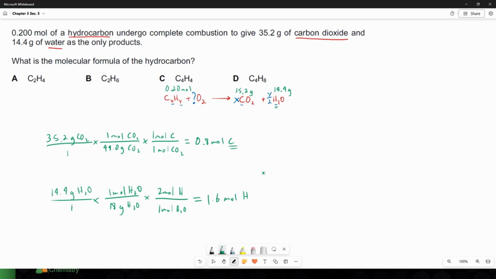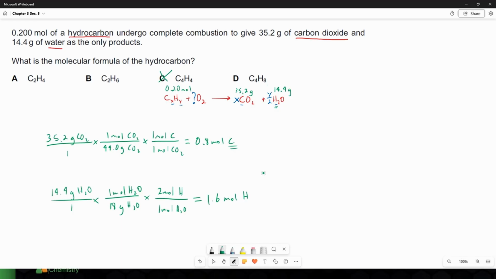Now, that alone is enough to narrow this down. Even if this is as far as you got, you have to think about it. You have twice as much hydrogen as you do carbon in this compound, meaning that it couldn't be C, because C has a 1-to-1 ratio between carbon and hydrogen. It could be D, because there is a 1-to-2 ratio.